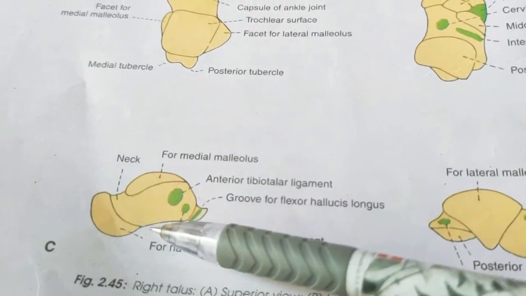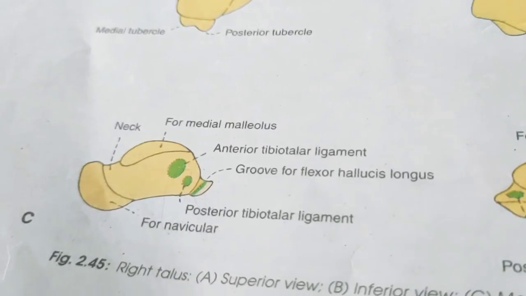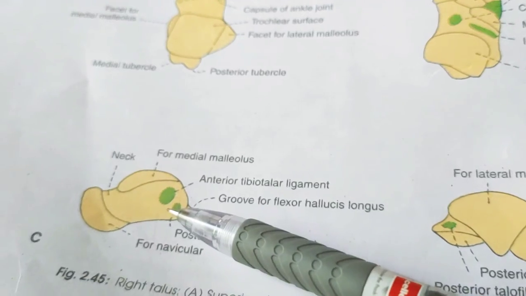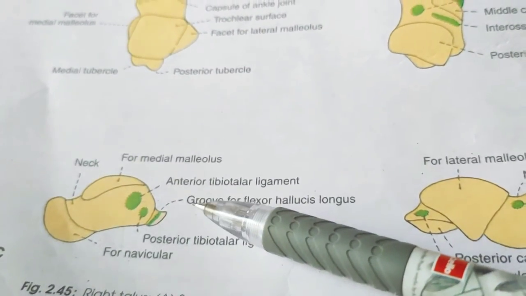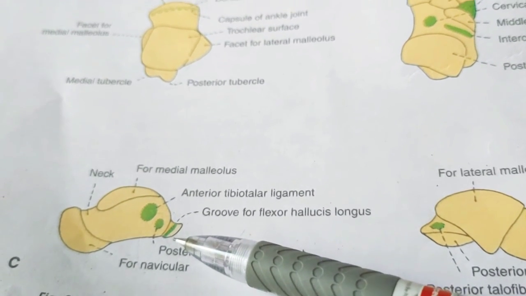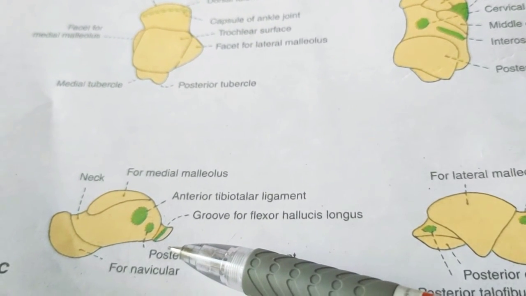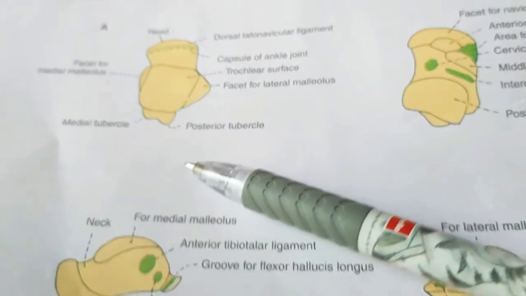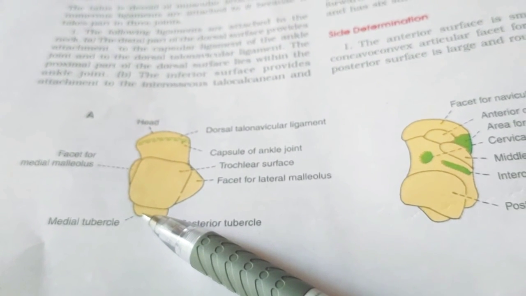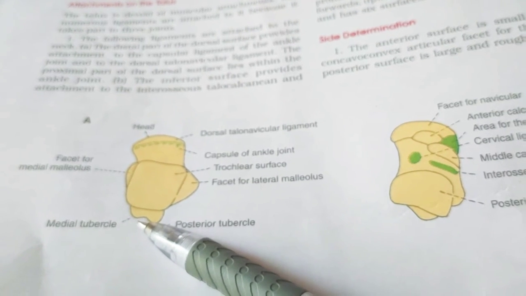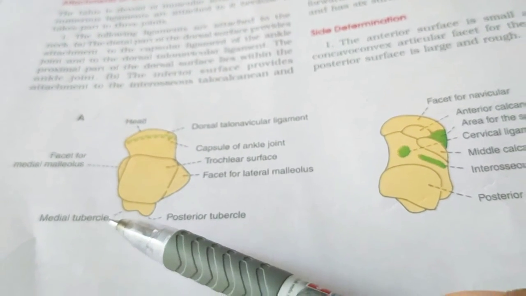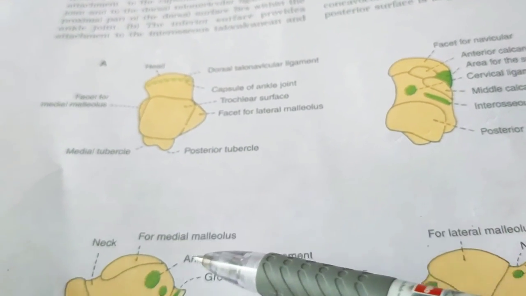So here will be the attachment of the deltoid ligament, and the groove on the posterior surface is for the tendon of flexor hallucis longus, and the medial tubercle provides attachment here. The medial tubercle provides attachment to the superficial fibers of the deltoid ligament above and the posterior talocalcaneal ligament below.